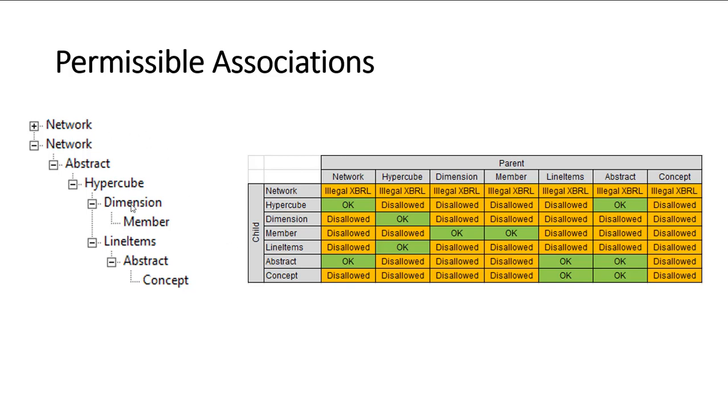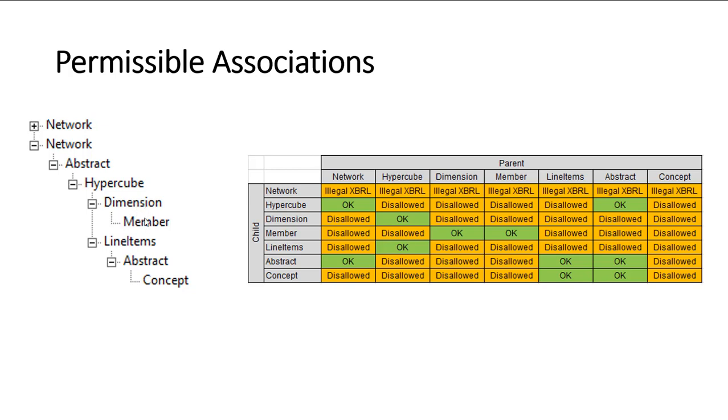Also, when you look, this is really all the possible relations that can occur. So you can put in more networks, and they're going to be just a flat list because there's no hierarchy in networks. You can add more hypercubes into a network. You can add more dimensions to a hypercube. You can add members to a dimension.